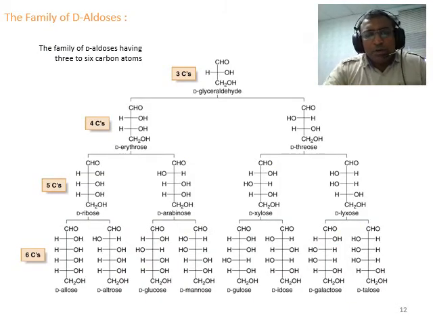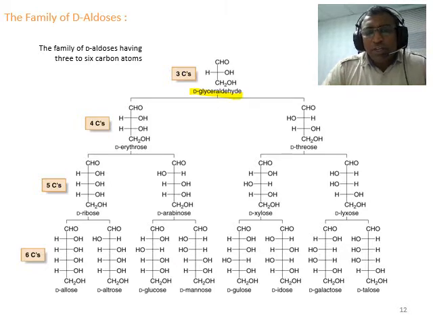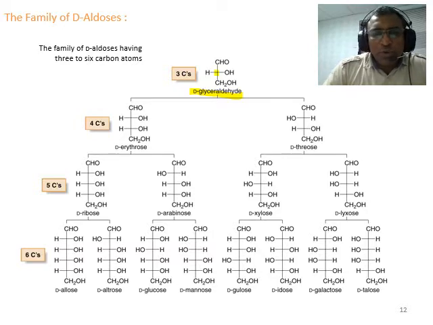Here we put together all the family of D-aldoses, but you have to realize that because it's the family of D-aldoses, what is not shown is the L-aldoses. So if you have D-glyceraldehyde, do remember, because it has 1 stereogenic center, there should also be L-glyceraldehyde.